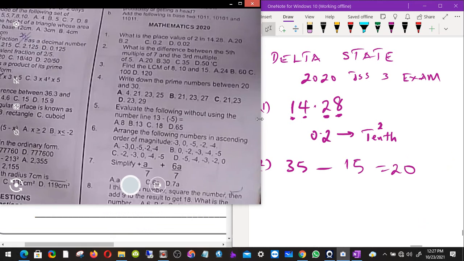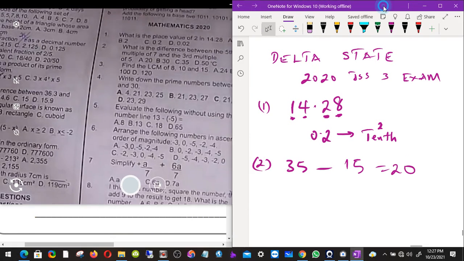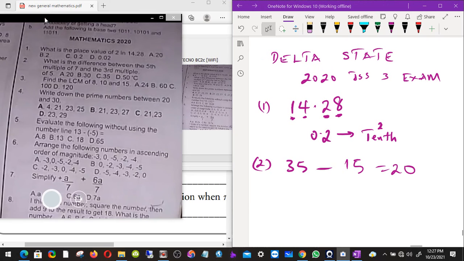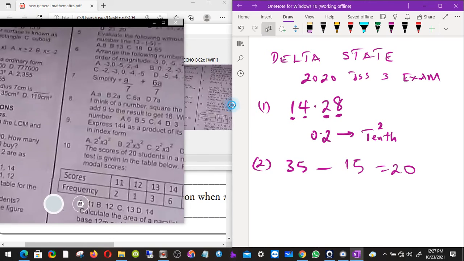Let me divide my screen so it can be faster. Who is confused? With what, Daniel?